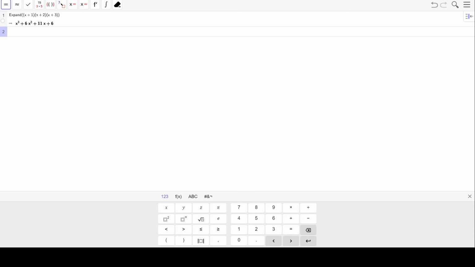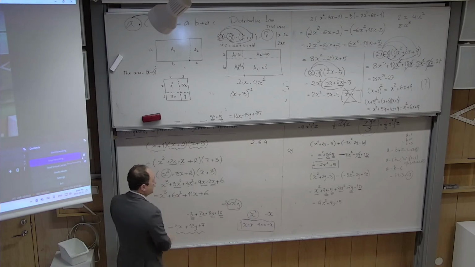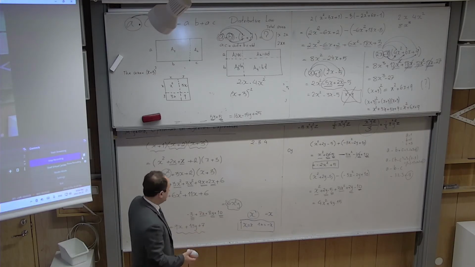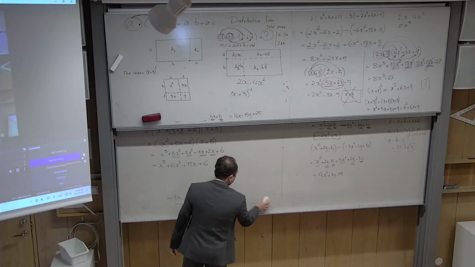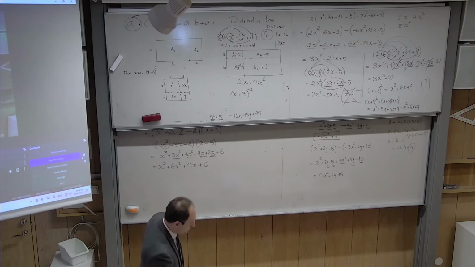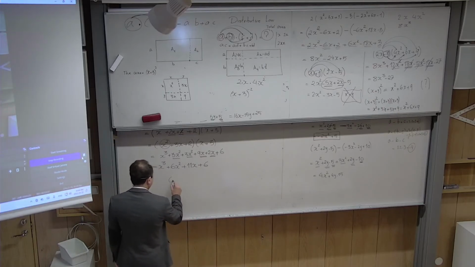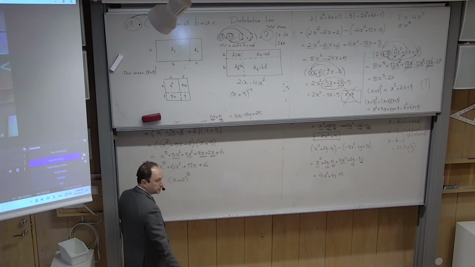Good. Let us solve one more problem. I give you something to raise to power 3 this time, okay? So for example, let me write this: x plus 2, and then to power 3.